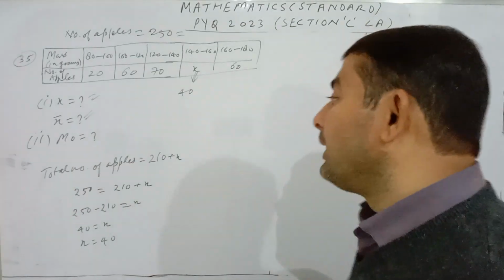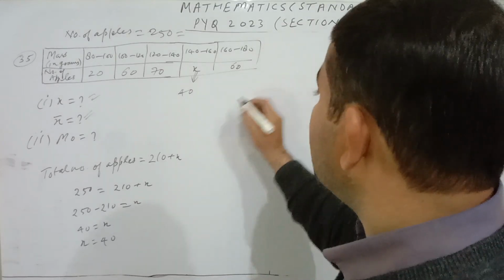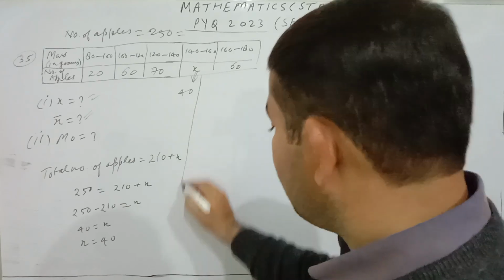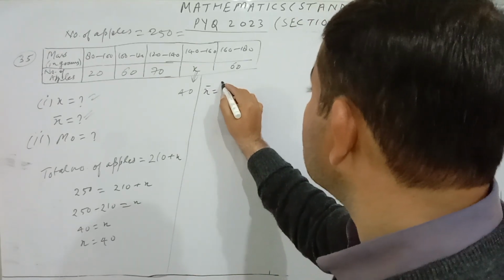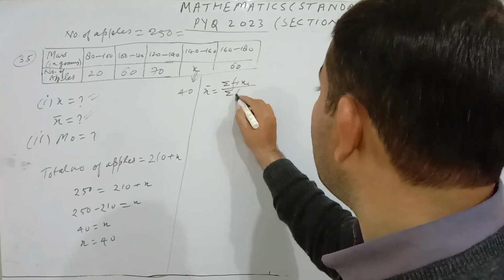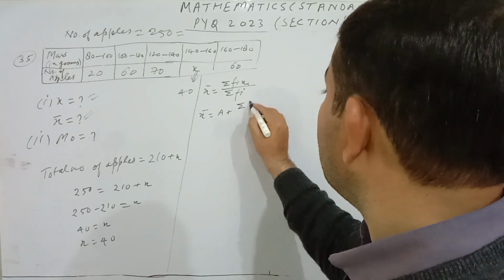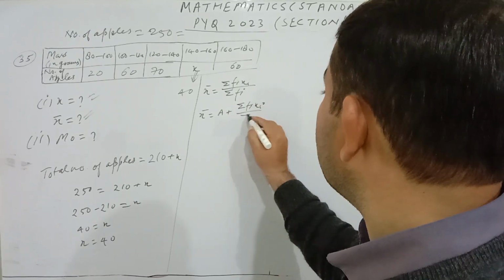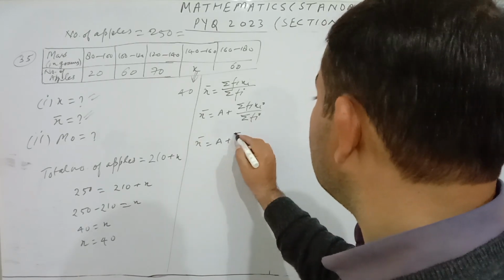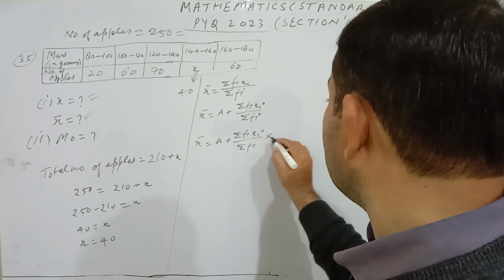We will have to find out the mean. So the mean can be found out by using a formula. The first one is x bar equals sigma fi xi upon sigma fi, and the second one is a plus sigma fi di upon sigma fi, and the third one is a plus sigma fi ui upon sigma fi into h.